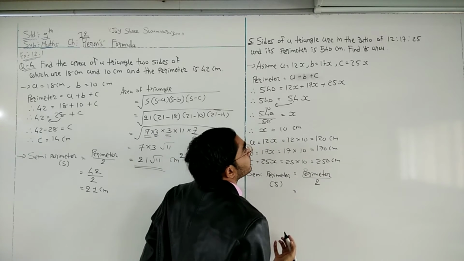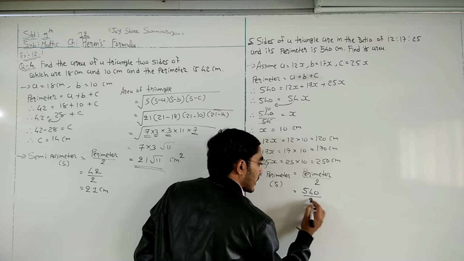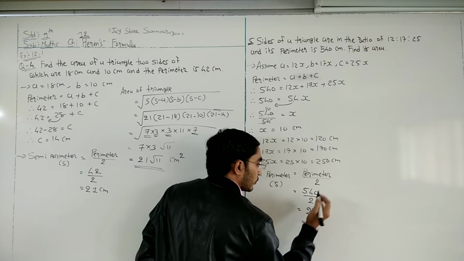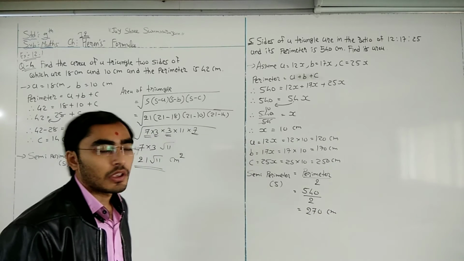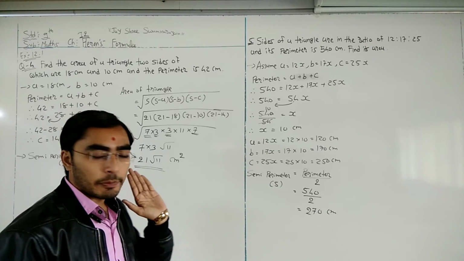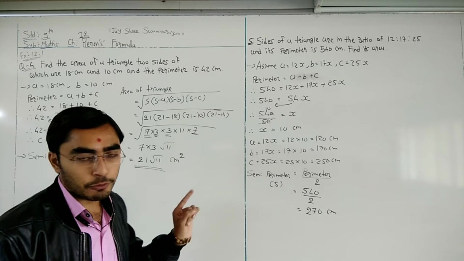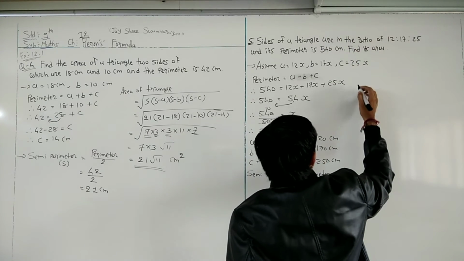So perimeter 540 divided by 2. So 54 divided by 2 is 27. So 270 centimeter. Okay, now we have the value of semi-perimeter as well as value of A, B and C. So we can use the Heron's formula. Okay, and we can find the area of the triangle.